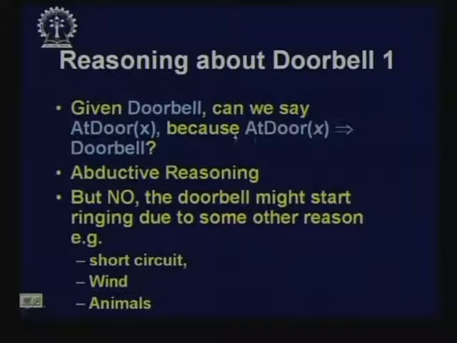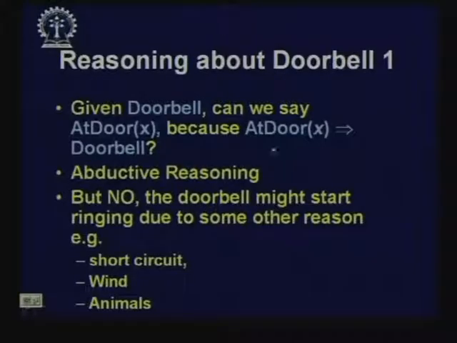So, according to deductive reasoning, if we know the doorbell has rung, then we cannot say for sure that there was someone at the door using normal implication, because P implies Q means if P is true, then Q is true, but Q can be true even if P is false. So, if Q is true, then P may or may not be true.